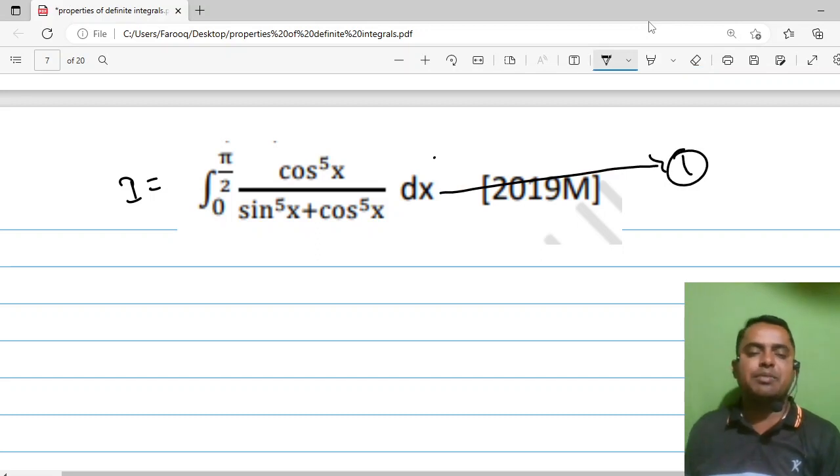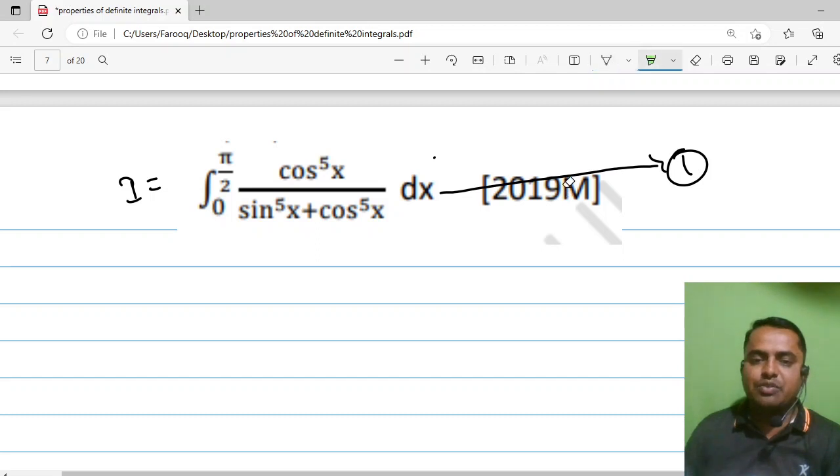Now applying the property in the second step, x changes to pi by 2 minus x everywhere.